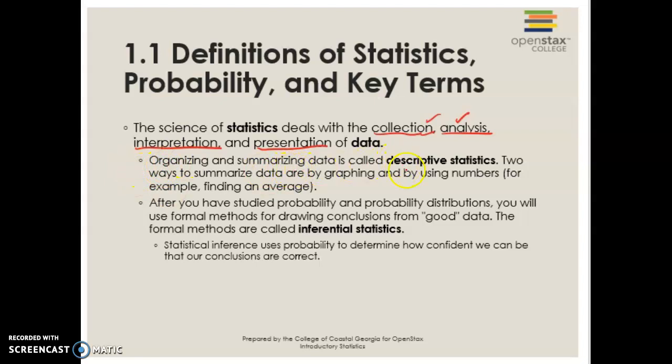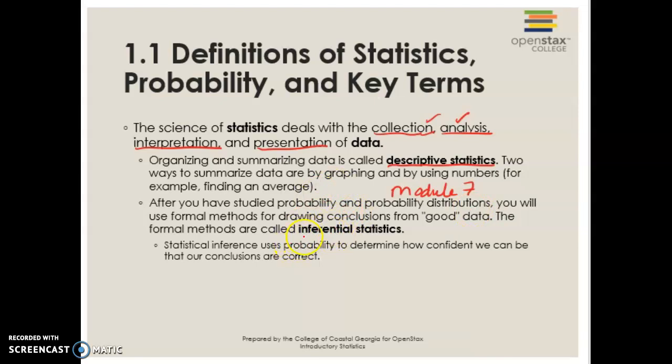Organizing and summarizing data is called descriptive statistics. Two ways to summarize are by graphing and using numbers, like what we've been doing before, your mean, median, and mode. After you have studied probability and probability distributions, that is in Module 7, you will use formal methods for drawing conclusions from good data.